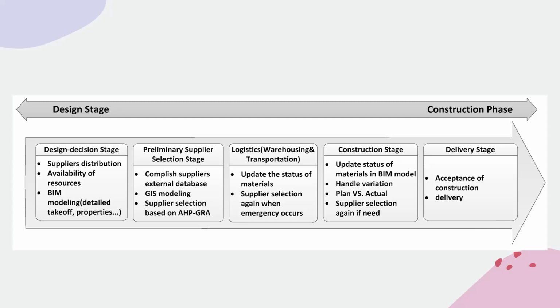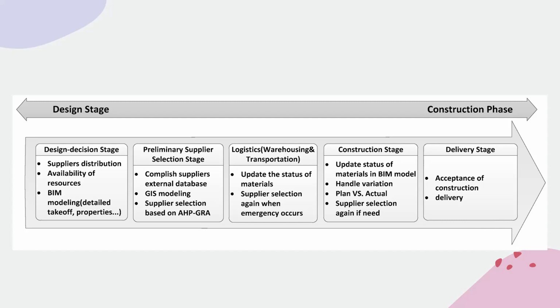In the construction stage, we update the status of the materials into the BIM model. We handle any variations in the prices, any variations in the stocks, designs, anything. We have to compare the particular plan with the actual situation.